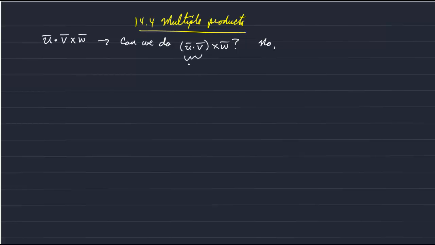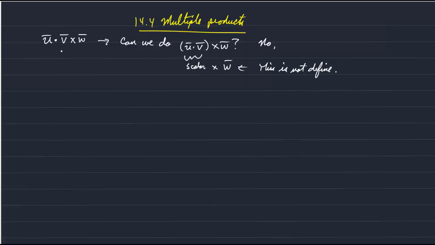The reason is this produces a scalar. The dot product of u and v produces a scalar. And if we try to cross a scalar with a w, then this is not defined. We can only cross a vector with another vector, as defined by the cross product.